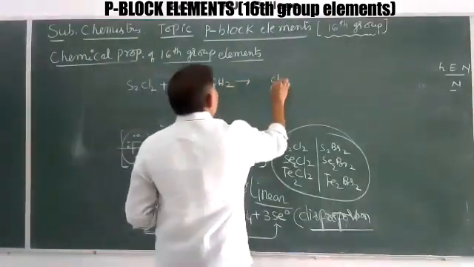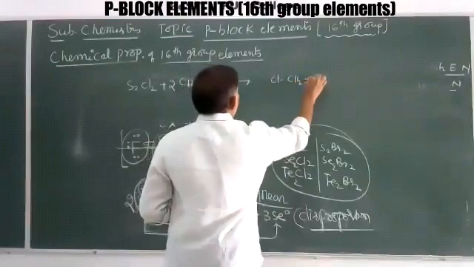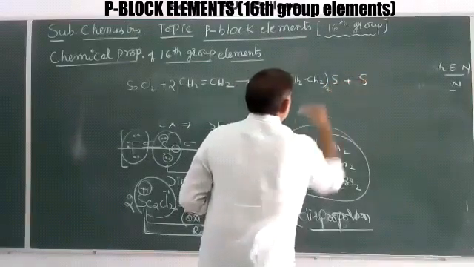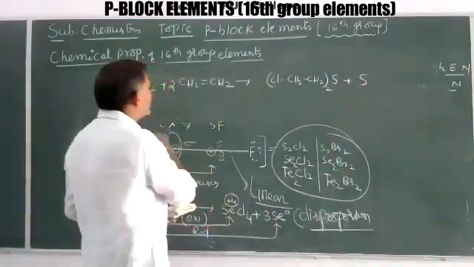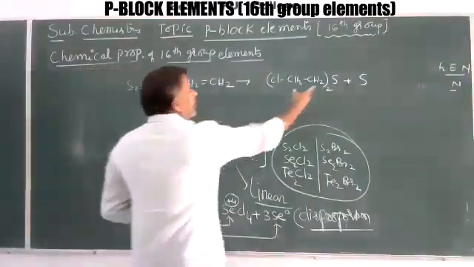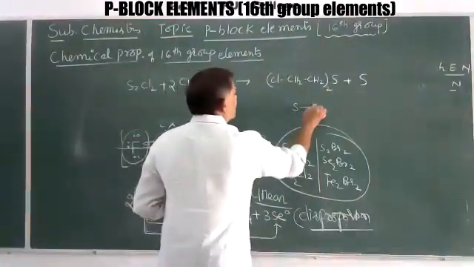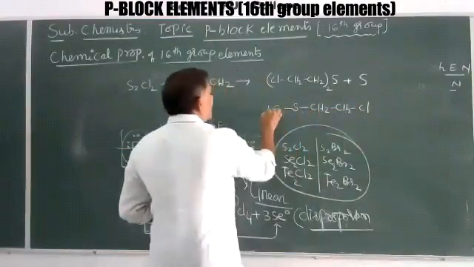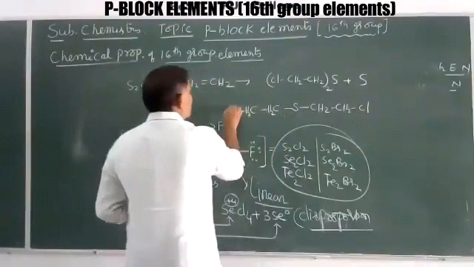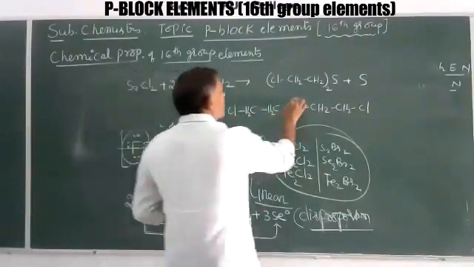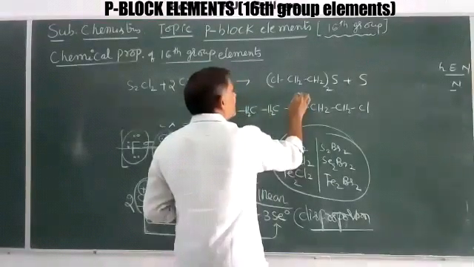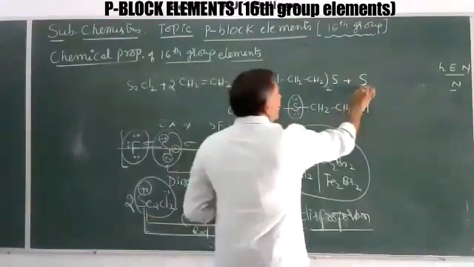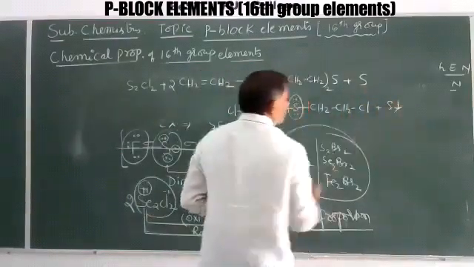It gives Cl-CH2-CH2 taken twice, with S, plus S. It is mustard gas. Here around sulfur 2 bonds are there, like CH2CH2Cl. Now this central element sulfur contains 6 valency electrons, out of 6, 2 are bonded, 2 lone pairs are there, and again sulfur precipitate is formed.